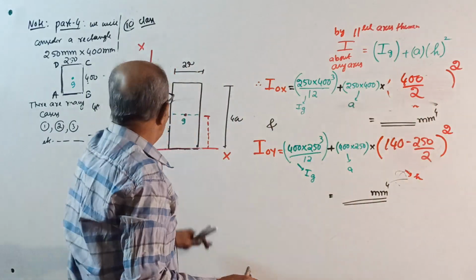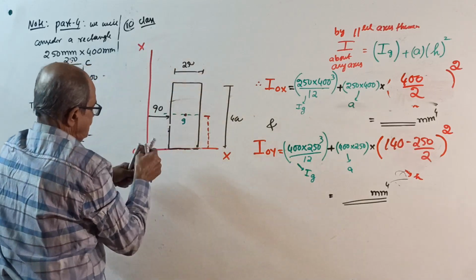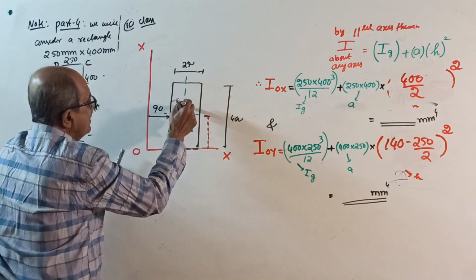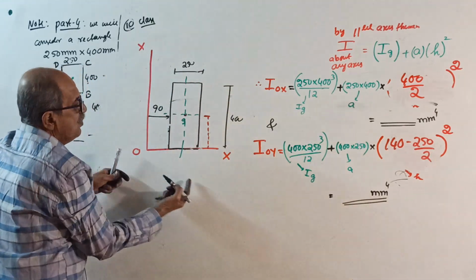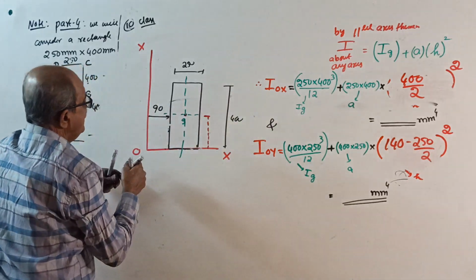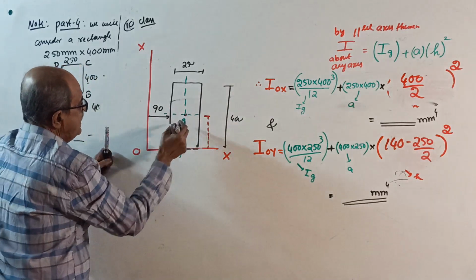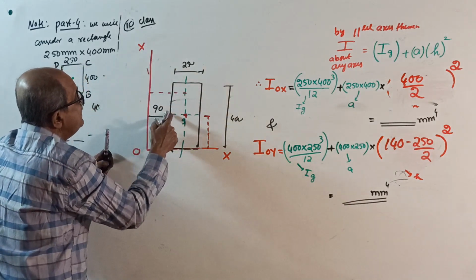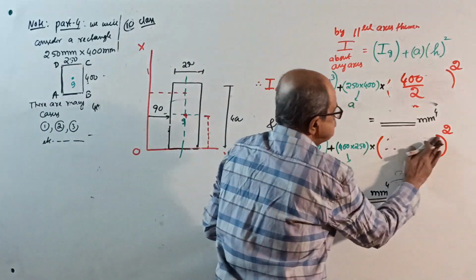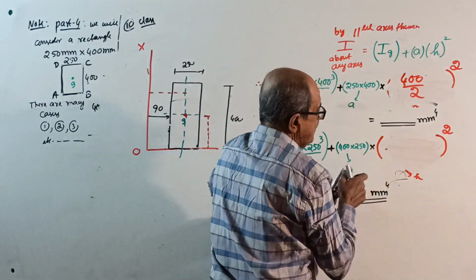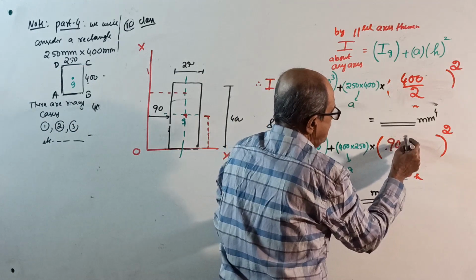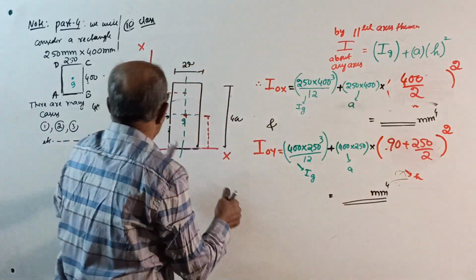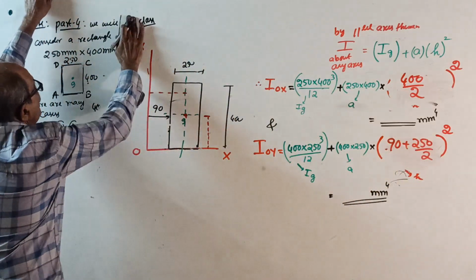And when you want I about OY axis, first I about its own axis: 400 into 250 cube by 12 plus area into, from centroid G to OY, this distance square is 90 plus 250 by 2 whole square. It should be crystal clear by this time.